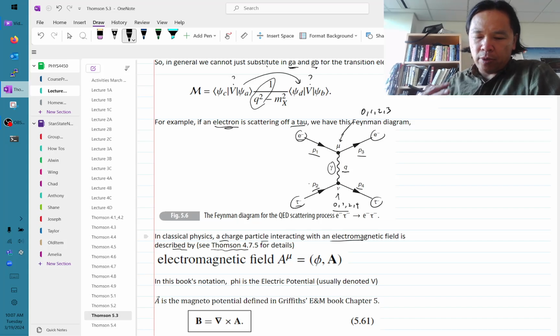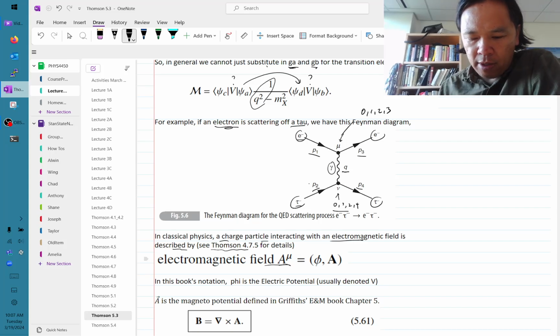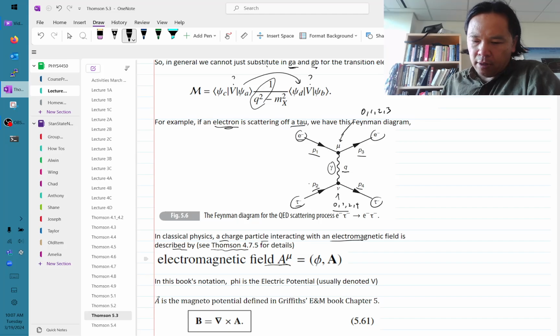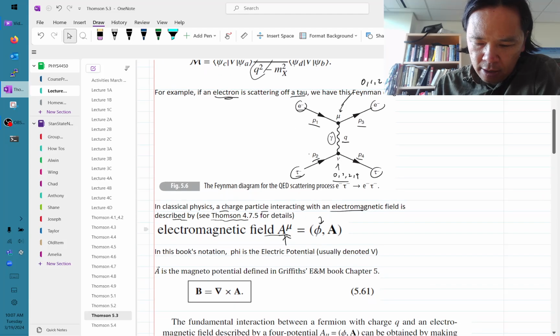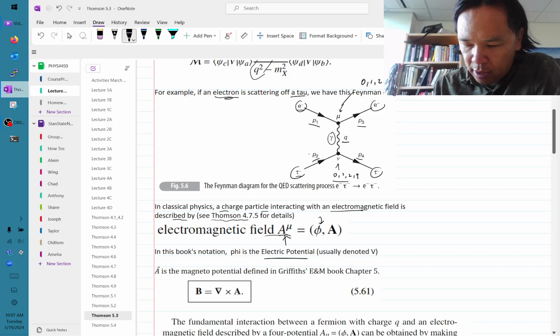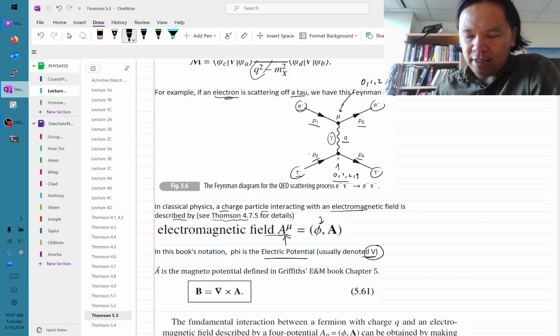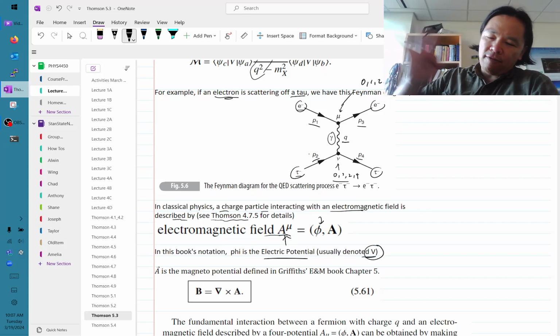What we want to take out of this is that the electromagnetic field can be described as a vector potential field. In fact, it's actually also a 4-vector where the first component is named phi, and phi is just the electric potential. In your electrodynamics class, this will be denoted as V instead.